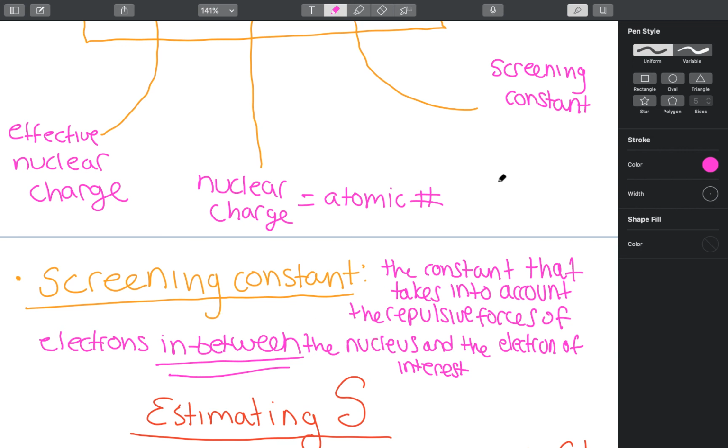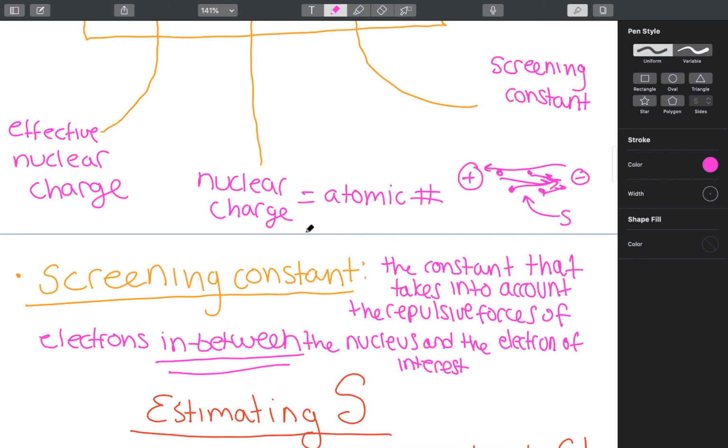So basically, let's just say you had your positive nucleus here and your electron here, and you have all these electrons in between. And you have this force of attraction acting upon this electron and all these repulsive forces that are pushing this electron away. And what your screening constant does is it takes all these repulsive forces into account and puts them into one number so that you can calculate your effective nuclear charge.